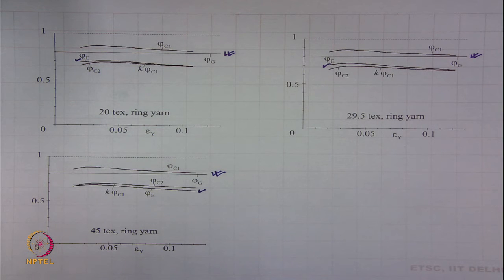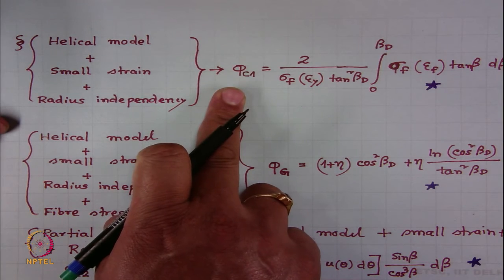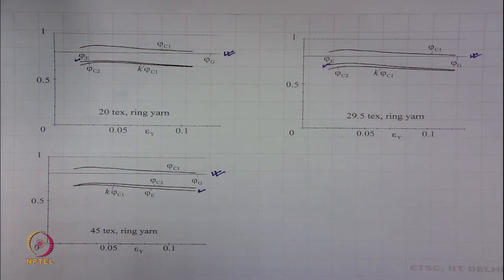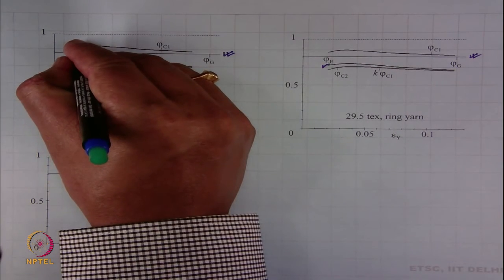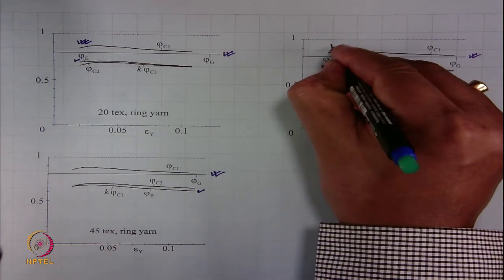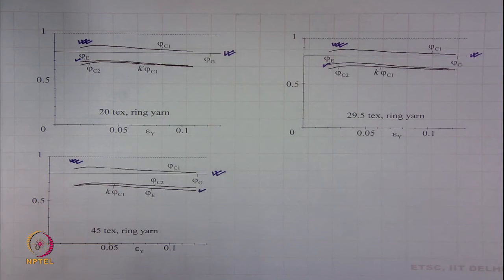Then comes the first one, helical model, small strain and radius independency, phi subscript C1. This equation was solved using a suitable numerical technique. Phi subscript C1, this one, see, it is always higher for all three yarns.